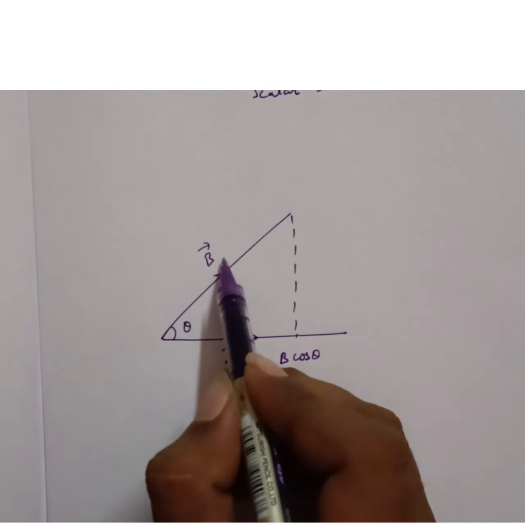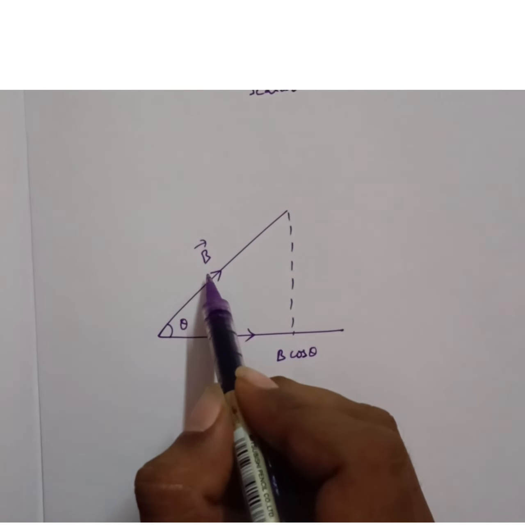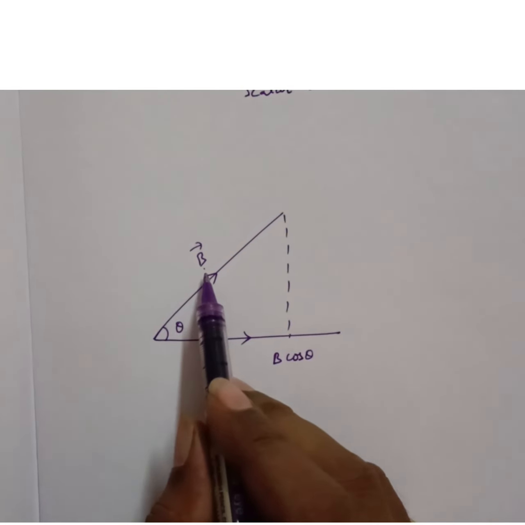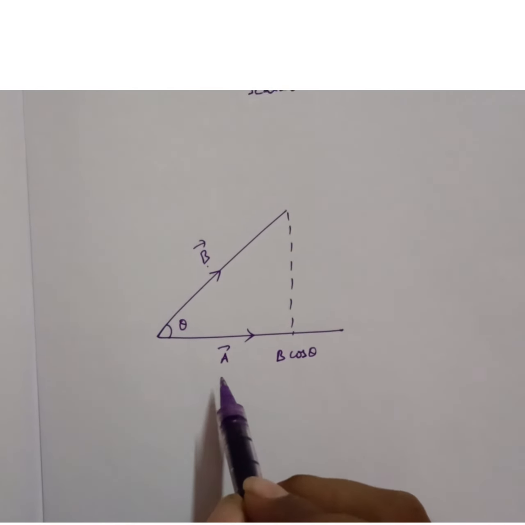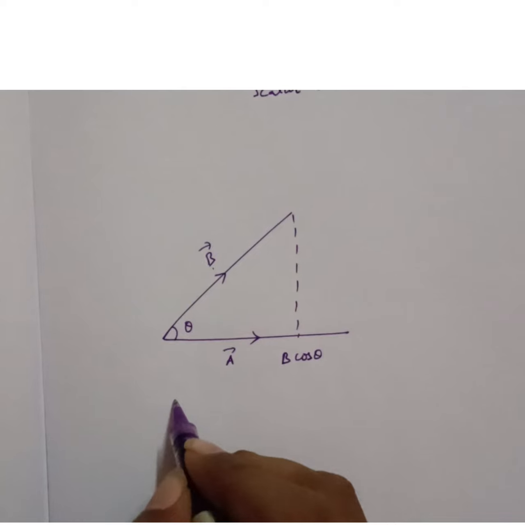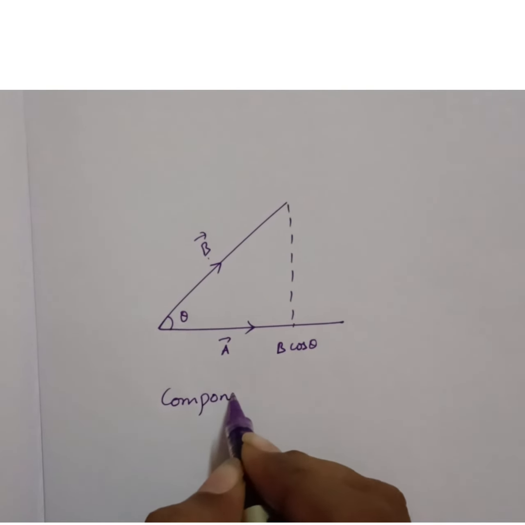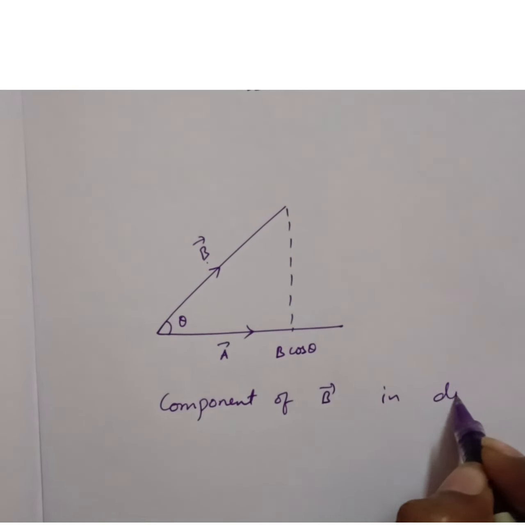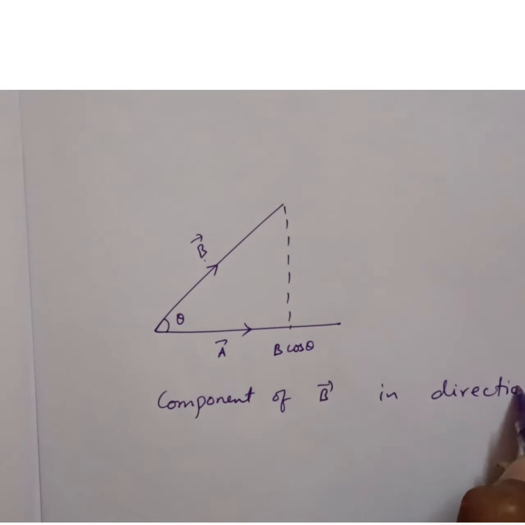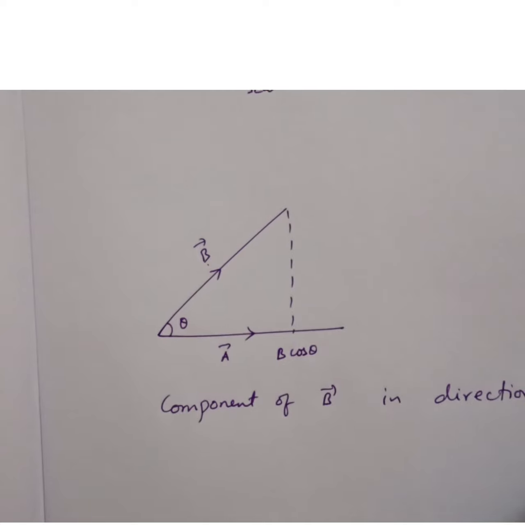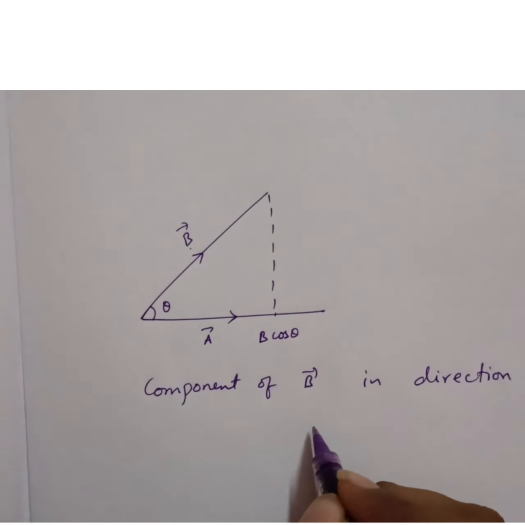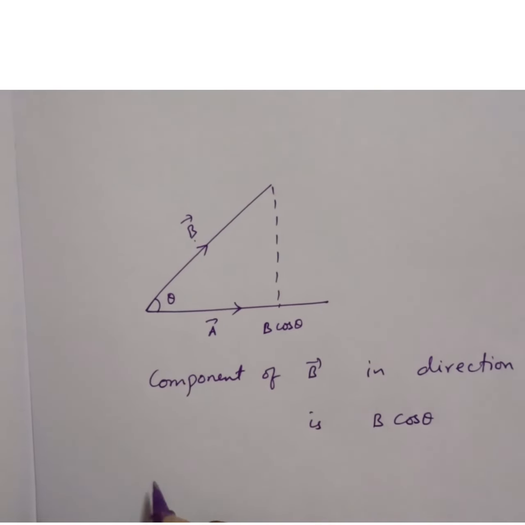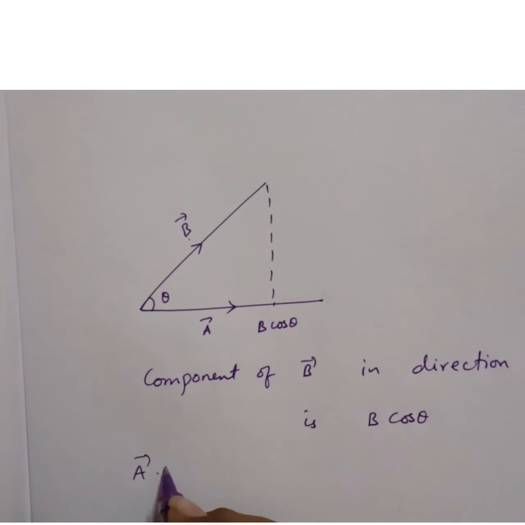The component of b bar in the direction of a bar is b cos theta.